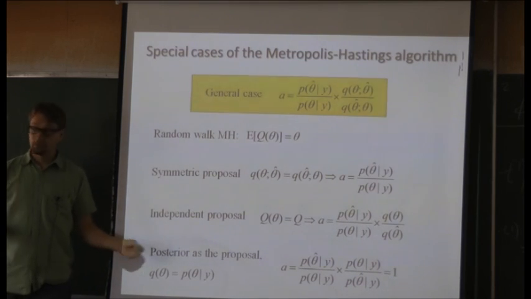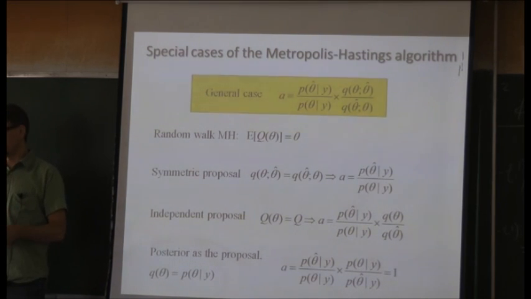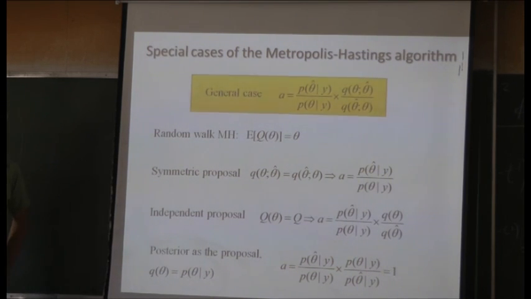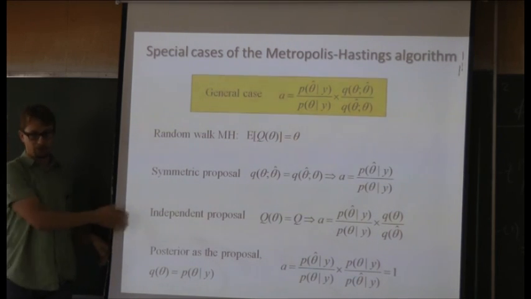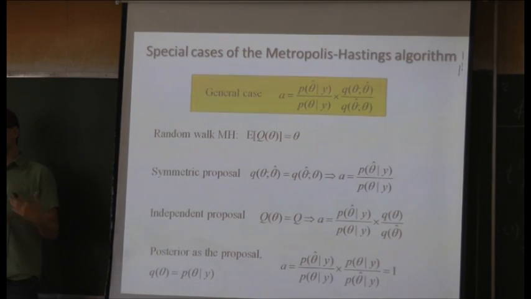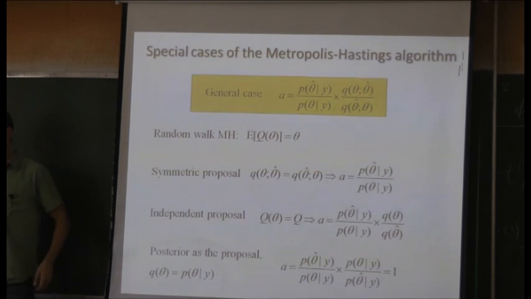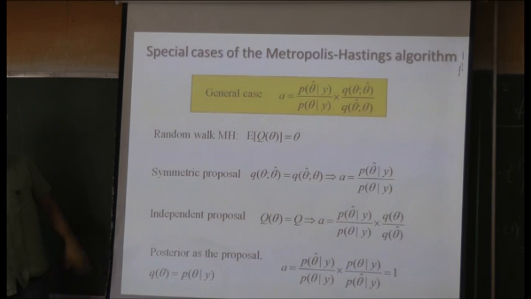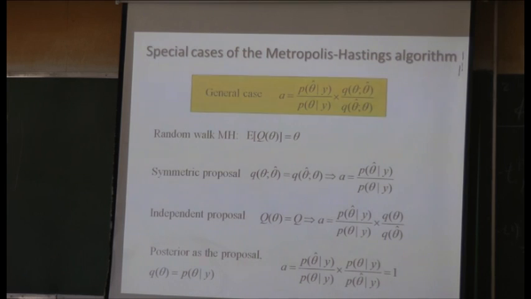And if you use that as the proposal, then you have a high acceptance ratio and you don't lose much computational power. So if you are using an independent proposal, the higher the proportion of proposals you accept, the better the algorithm. But that's actually not true with the random walk, as I will show in more detail. This random walk Metropolis-Hastings, I think that's the most practical algorithm. That's what you most often use.